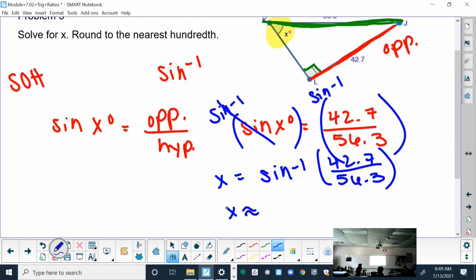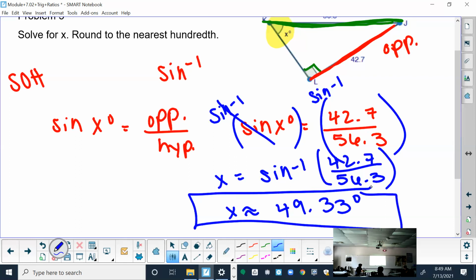And if you did it the right way, you should have a number close to 49.33 degrees. All right, anyone get something different? Any questions?